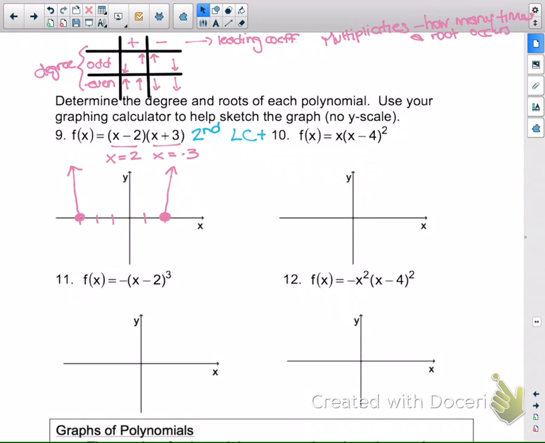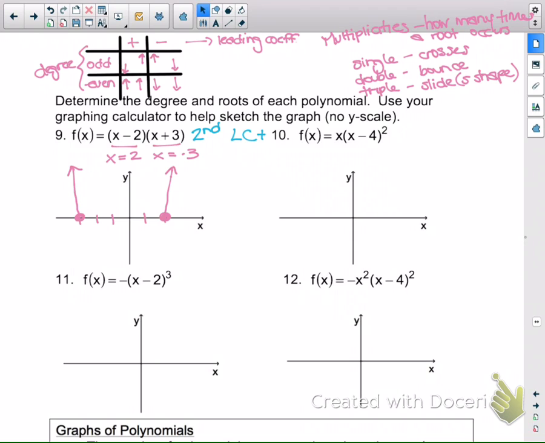Okay? And I'll explain in just a second what these mean. A single root, it simply crosses the x-axis. A double root, the best way to call that is a bounce. And a triple root, it's a slide or an S shape.